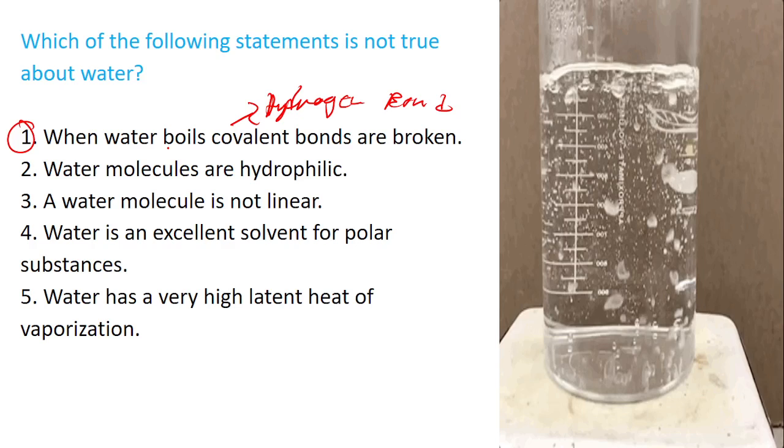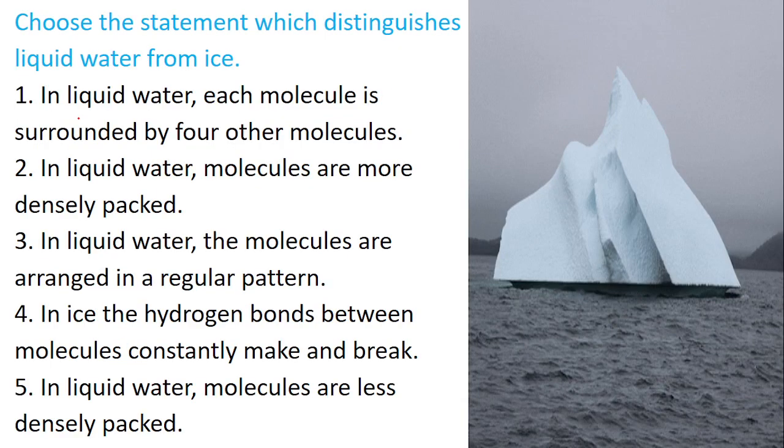Choose the statement which distinguishes liquid water from ice. The first option is, in liquid water, each molecule is surrounded by 4 other water molecules. So yes, this is true, but it's not differentiating liquid water from ice. In liquid water, molecules are more densely packed. Density is equal to mass over volume.